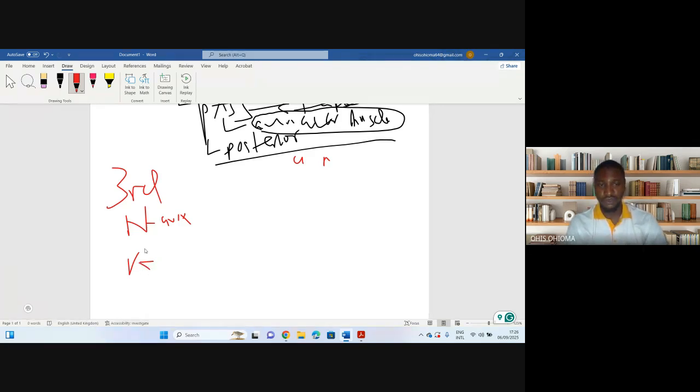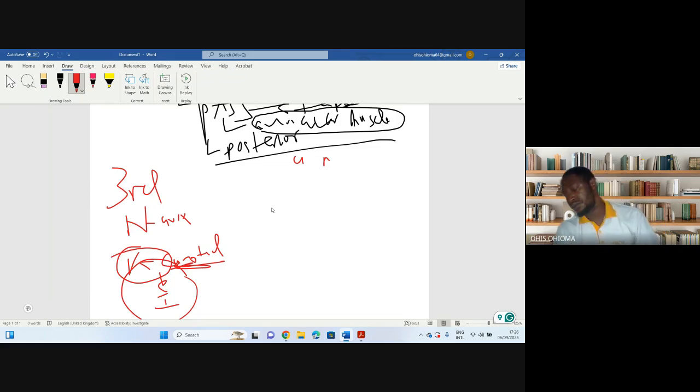Basically, the blood vessels to this side come from the carotid artery. So we have the common carotid and the internal carotid artery, and they are the ones that supply the muscles of the third pharyngeal arch.